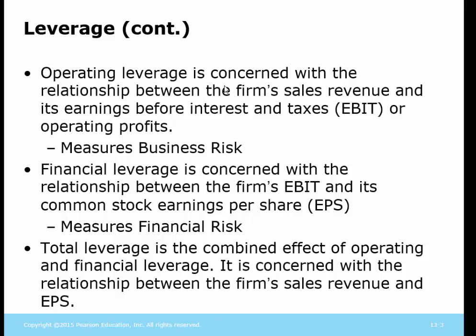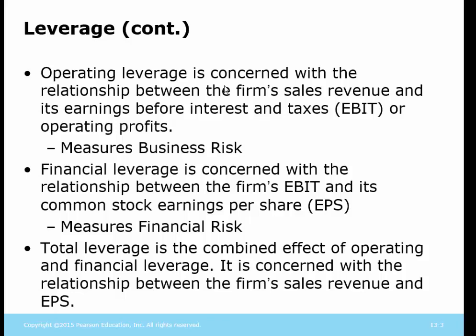Essentially, operating leverage then measures the business risk of the company. Financial leverage is concerned about the relationship between the operating profit and the earnings per share of the company. The primary variable in between those 2 points on the income statement is interest.